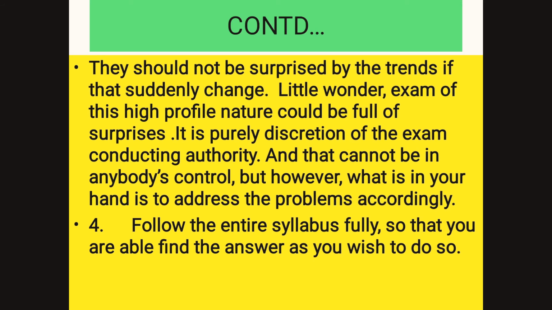But suppose the majority of candidates depended on eliminating some major portions, and if questions were asked heavily from one area, this could lead to disaster, which is what happened this year. The history portion got tremendous weightage, and the trend was totally reversed. So what happened? Those students from a history background mostly had chances to clear from this stream, because the trend was like that, barring a few exceptions.